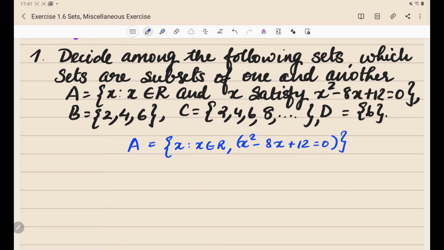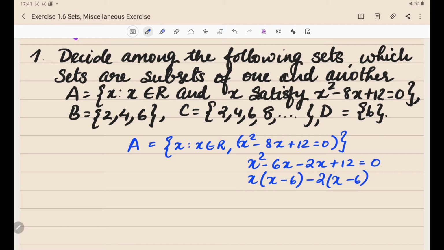So let's find that out. x square minus 6x minus 2x plus 12. You can use any of the formulas for the quadratic equation. I am using the simplest way, that is x square minus Sx plus P, where S is the sum of the two roots and P is the product of the roots. That is the principle I am using. You can use whichever way you wish.